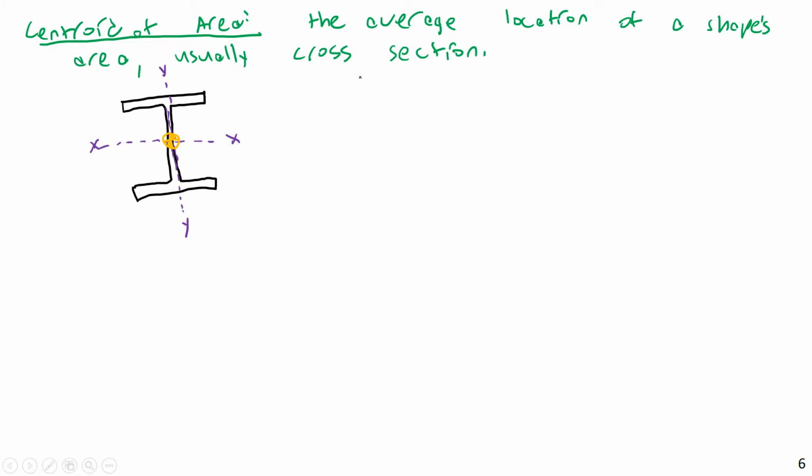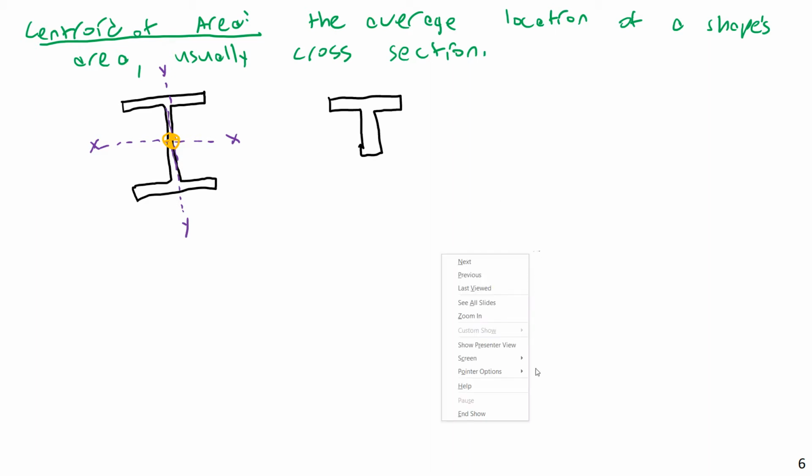The same sort of thing persists. We can also look at centroids for non-symmetric shapes or non-doubly symmetric shapes. For example, let's say we had a T-section. A T-section sometimes is made by literally sawing one of these in half. So now this is symmetric about only a single axis, the y-y axis here, but it's not symmetric about some other axis.